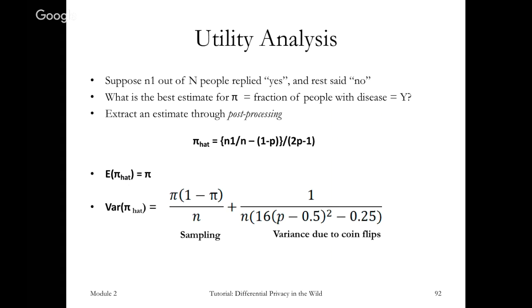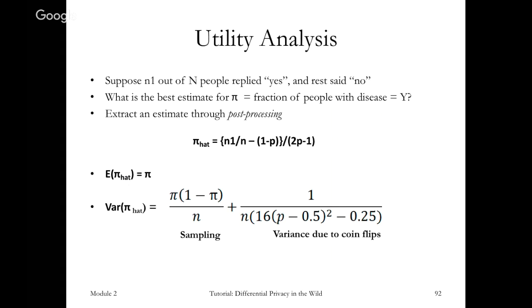What I can observe is how many yeses there are in this perturbed data. So suppose N1 out of N of the people replied yes, and the rest said no. This is what I can see in the randomized output. So how do I estimate pi, the fraction of people that actually have the disease in the original data? I don't have access to the original data, just this perturbed data.